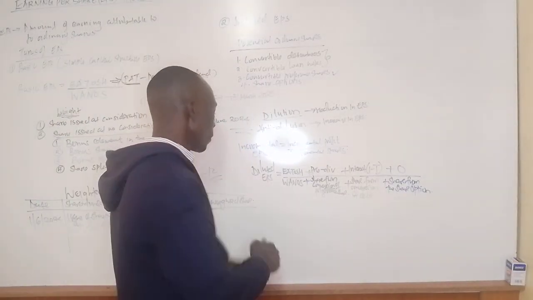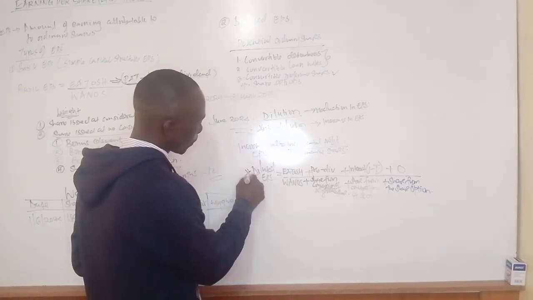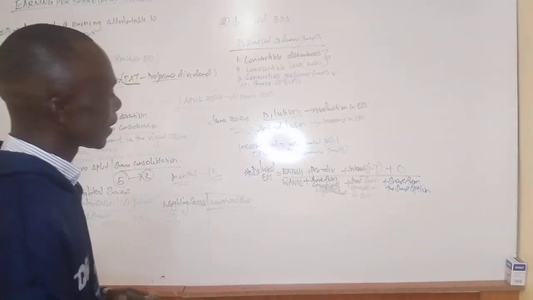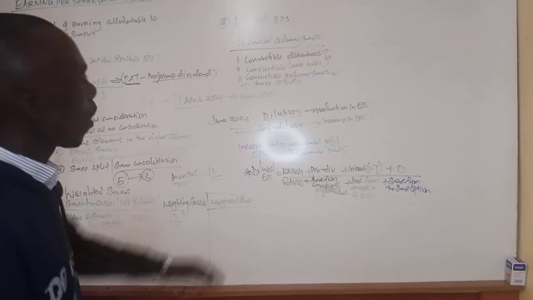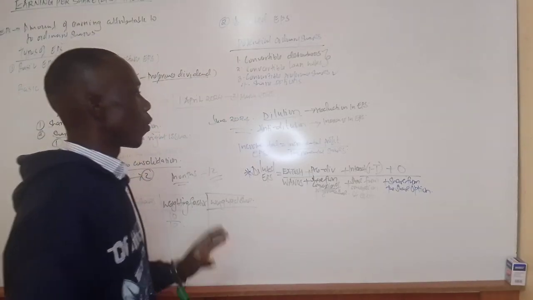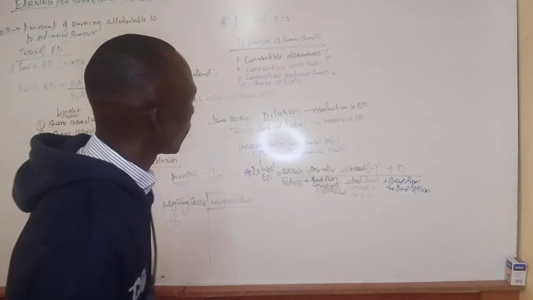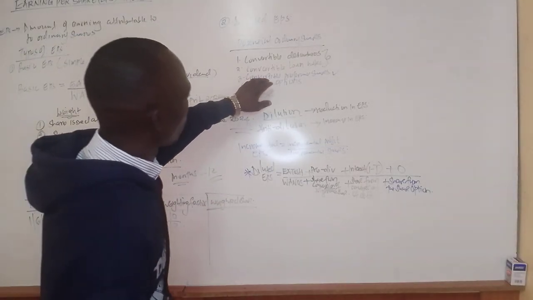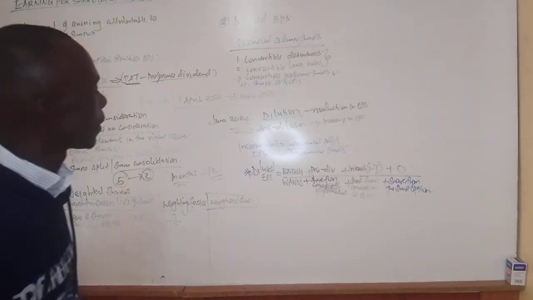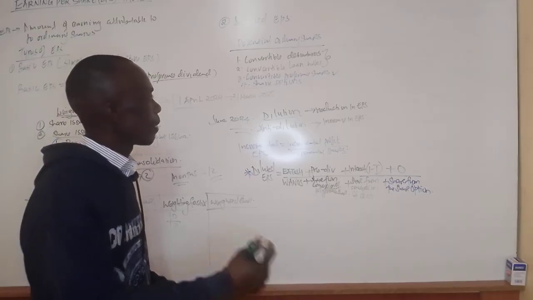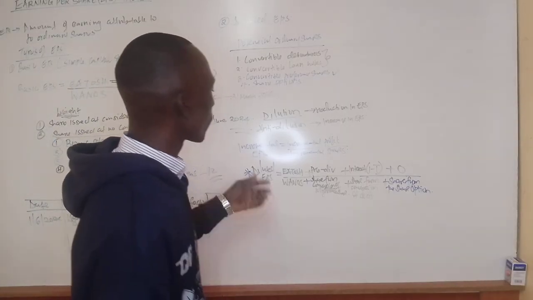So in this case, when I have come with this formula, I have assumed that the examiner has given you all these potential ordinary shares, whereby the examiner has given you the convertible debentures, the convertible preference shares, and also the share option.